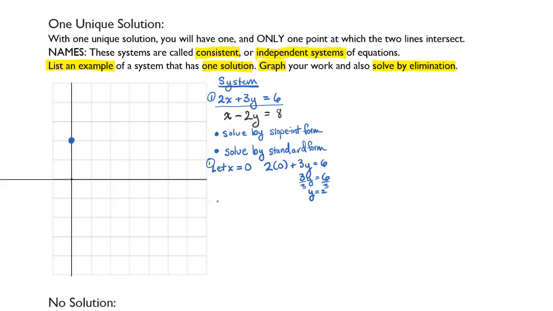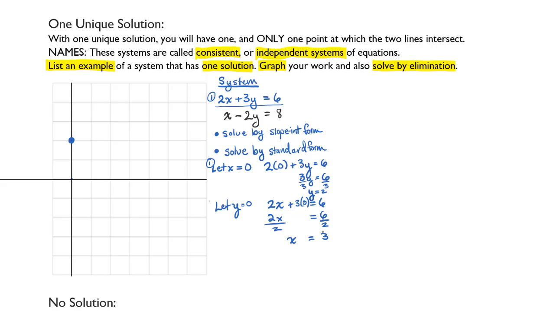Now, I'm going to also let y equal 0. This will give me my x-intercept. And then I will substitute y equals 0 into the equation, and then I will solve for x by dividing both sides by 2, which gives me x is equal to 3.